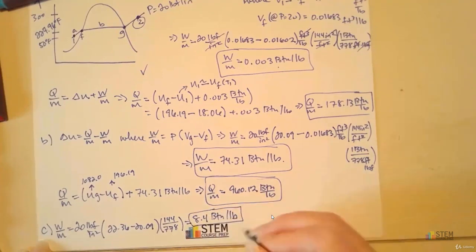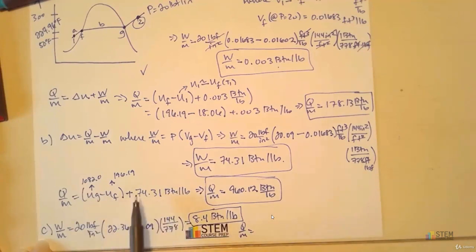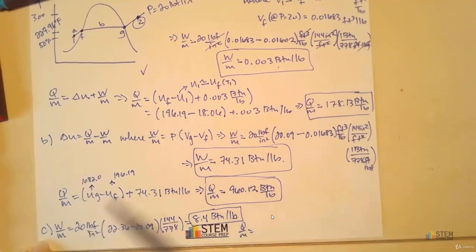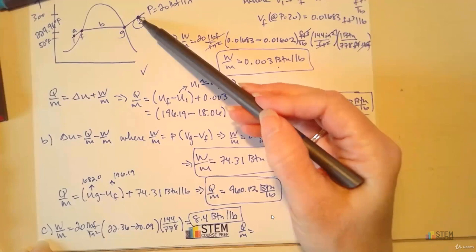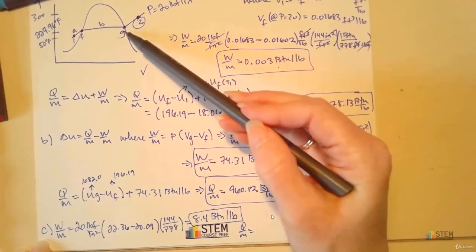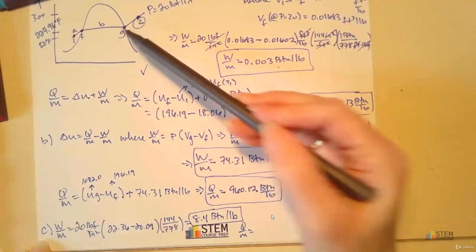So there's that. And then finally Q over M. Same steps we did here. We're just using this basic equation. You just need to find your internal energy values at state 2, and you already have the one at this g point here where we had saturated vapor.